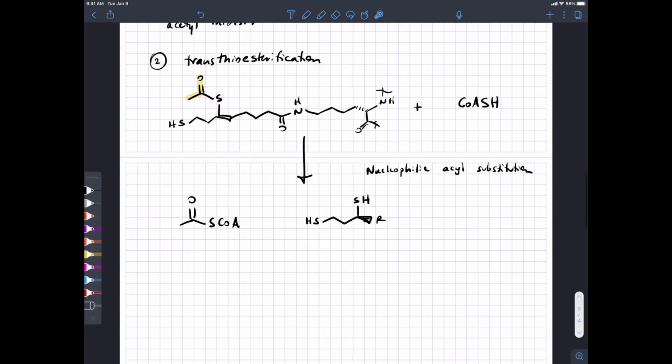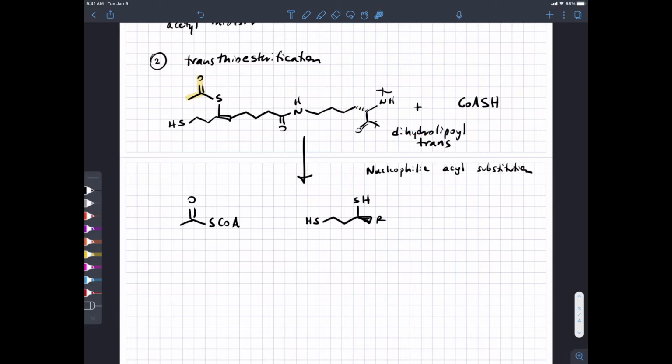All right. The enzyme that does this is called dihydrolipoyl transacetylase. The dihydrolipoyl stands for this group, the lipoate that we have reduced.